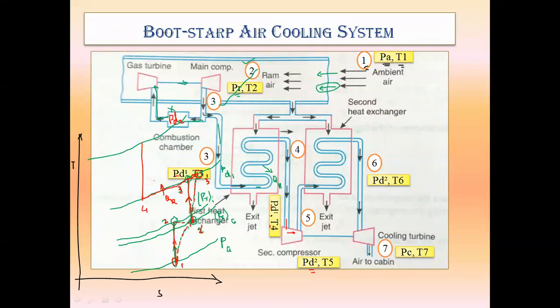If this process is a reversible process, then that will be considered as an isentropic compression inside the secondary compressor. But as that compressor consists of a number of moving parts, that will not be isentropic, that will be the polytropic process. So polytropic process will be shown by 5 to 5 dash. So here pressure is increased from PD1 to PD2.